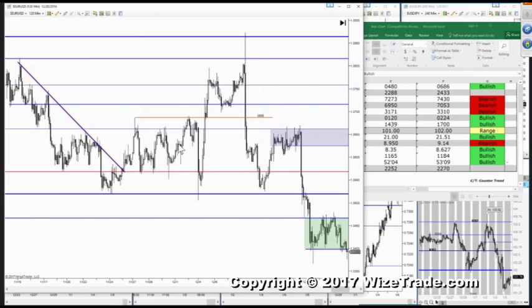Nice hammer bottom. We launch, and you can see here, this is where they run out of gas for the second time at 686.